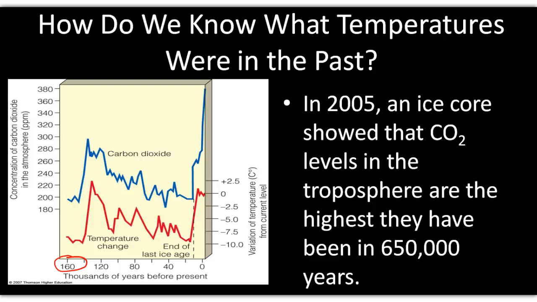And what's really interesting when we take a look at this, there is a direct trend between carbon dioxide and temperature. You can see how, as the carbon dioxide goes down, the temperature goes down. But notice how the amount of carbon dioxide does go down continuously up until about where humans start messing around with fossil fuels.